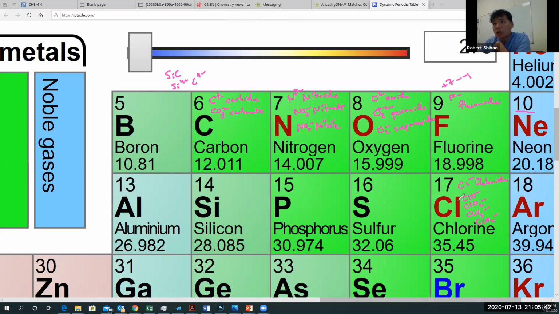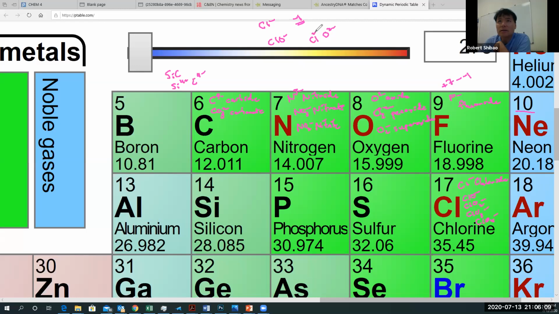And so some of these charges have to be stabilized by oxygen. Chlorine can exist as the free ion. It doesn't have to be stabilized by oxygen, and that's -1. If we look at ClO minus, we have to envision this as chlorine and an oxygen. Oxygen likes -2, otherwise it's pretty unstable. So if oxygen is -2, what does that mean chlorine has to be?